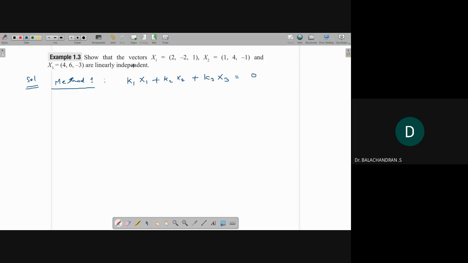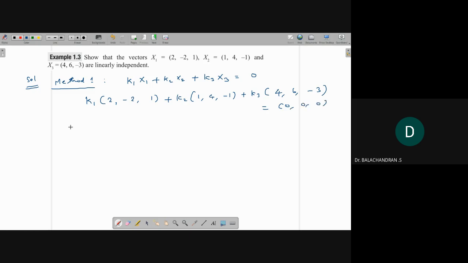If it is linearly independent, I need to prove that k1, k2, k3 are all equal to 0. So k1 times x1, which is (2, -2, 1), plus k2 times x2, (1, 4, -1), plus k3 times x3, (4, 6, -3), equals (0, 0, 0).